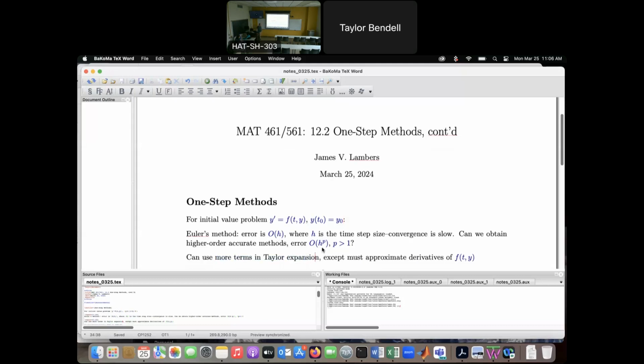But there's one compelling reason not to do that. Suppose we want to include the third term of the Taylor expansion, which is y double prime.